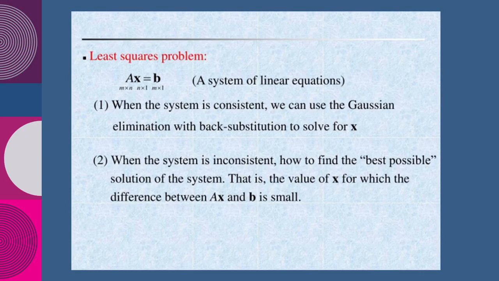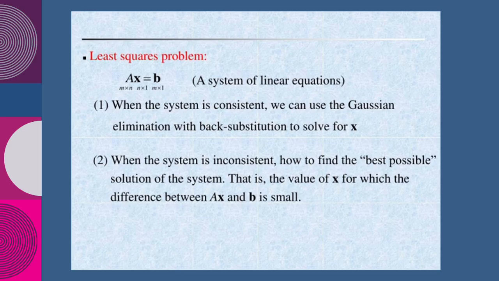Now let's talk about solving systems of linear equations, AX equals B. If the system is consistent, meaning it actually has a real solution, we can use Gaussian elimination with back substitution, a method you have probably already learned, to solve for x.